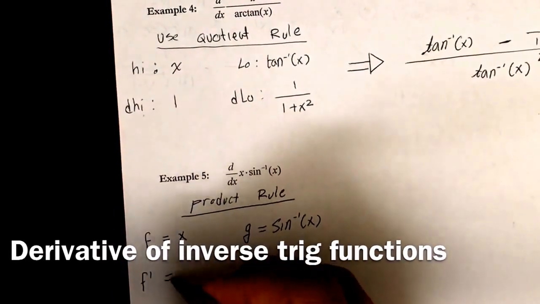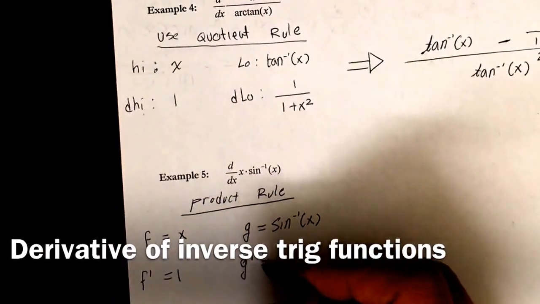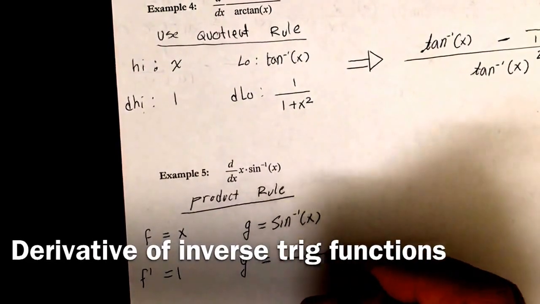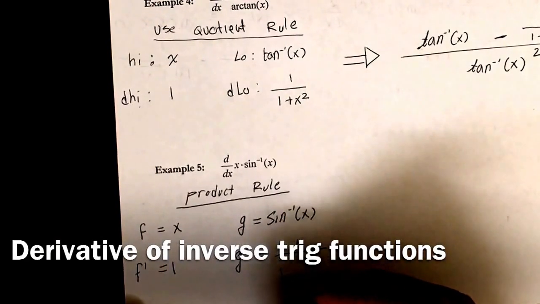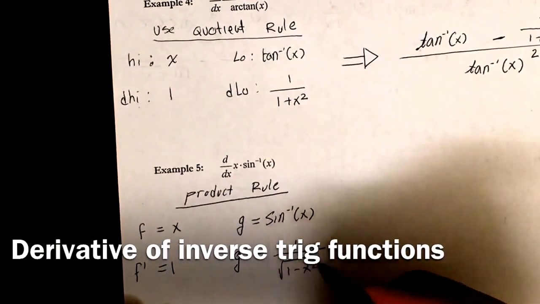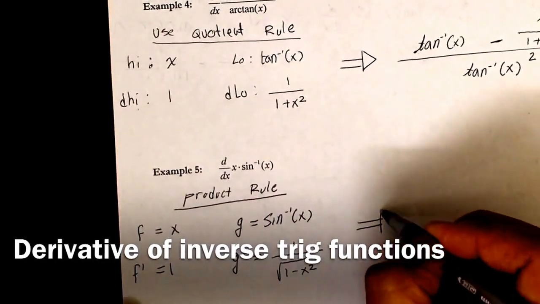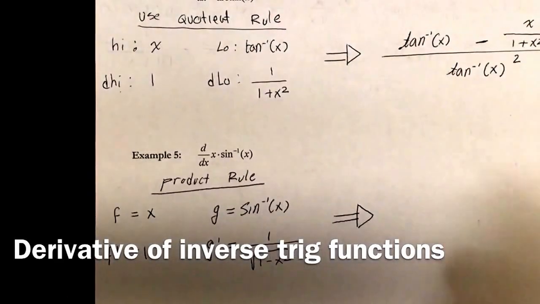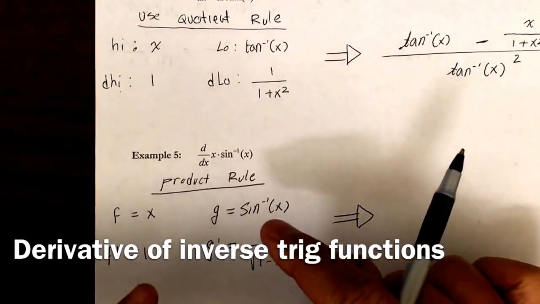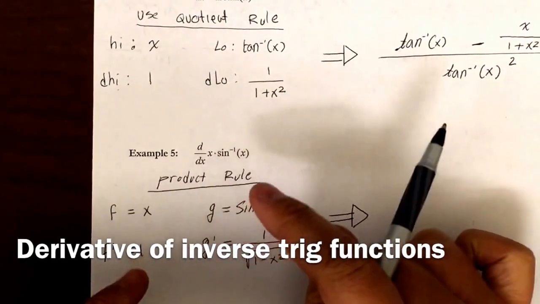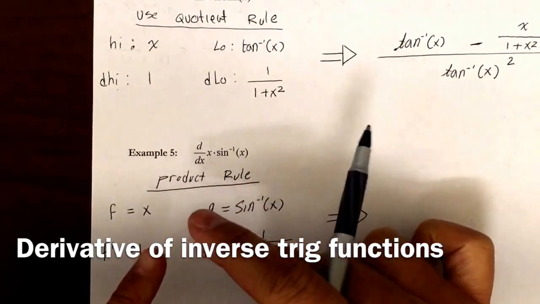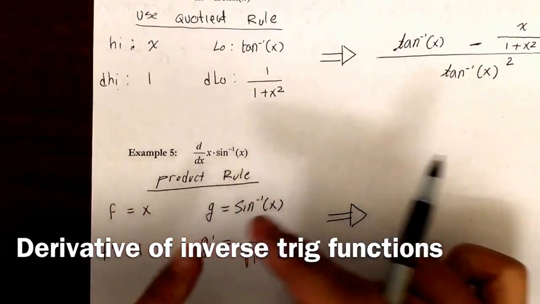So f prime is 1 and g prime, according to the formula that we have established on the other side, is 1 over the square root of 1 minus x squared. Now we're ready to apply the product rule. The product rule says take the derivative of the first function times the second function. So I multiply these together, and then I add it to the product of these.